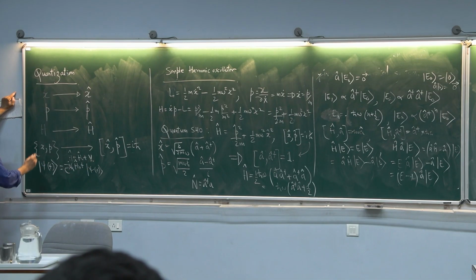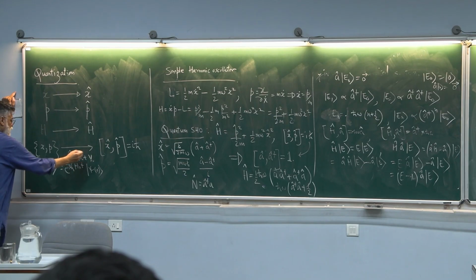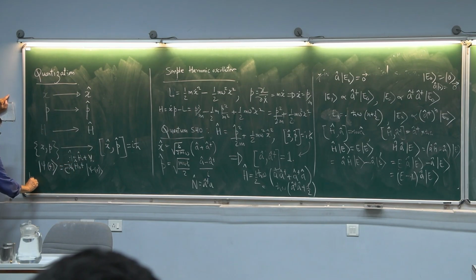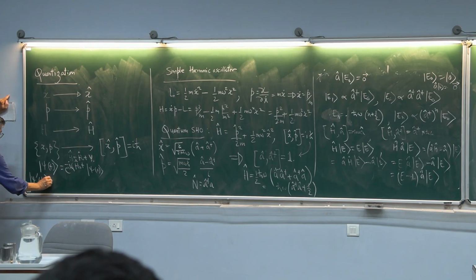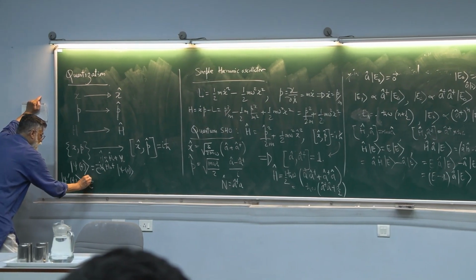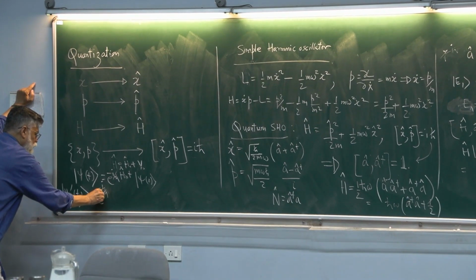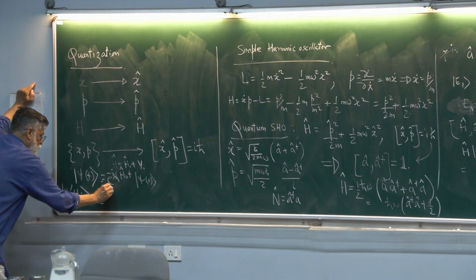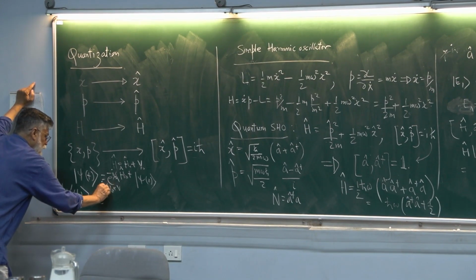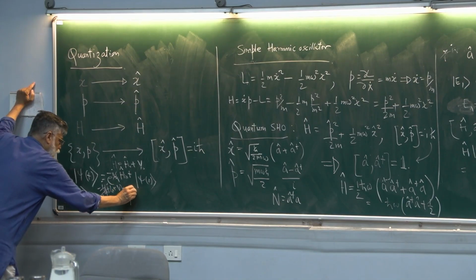Now, suppose someone had added the constant and his Hamiltonian is H naught plus V naught. So his evolution will be psi prime of t is e raised to power minus i by h bar, H naught operator plus a constant, t, psi naught.